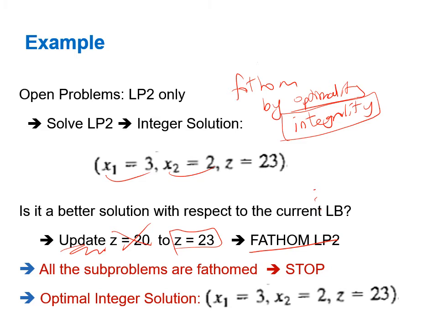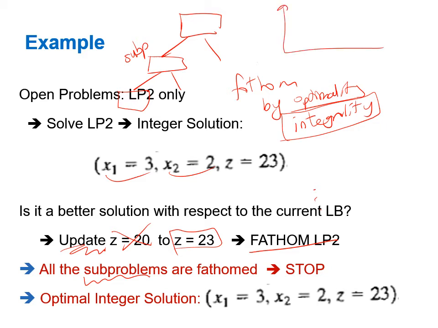And when I look at the branch and bound tree, there are no other problems. We call these sub-problems because we start from the top level and then we divide it into some smaller problems, and we divide it into some problems. We call these problems sub-problems because we divide the feasible region into two parts, then we divide it into further two parts, and etc. Each one of these problems is called a sub-problem.